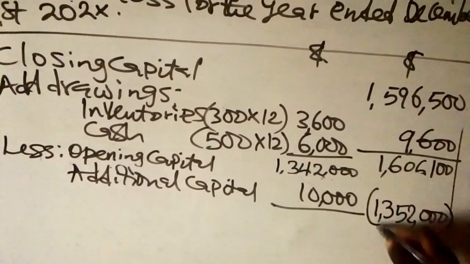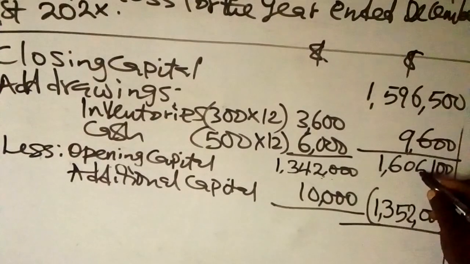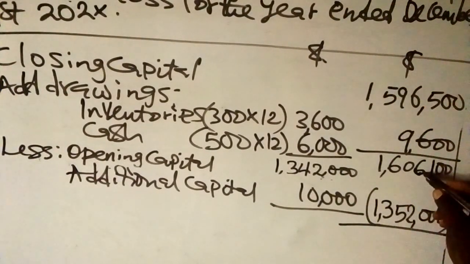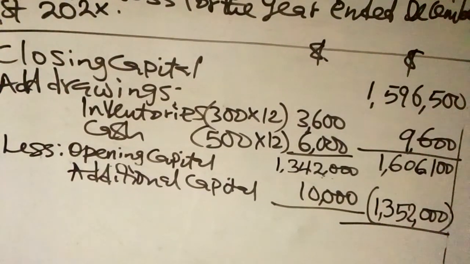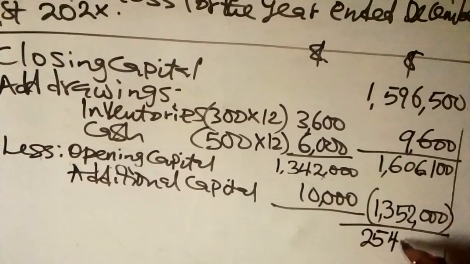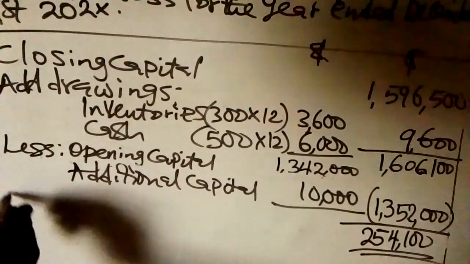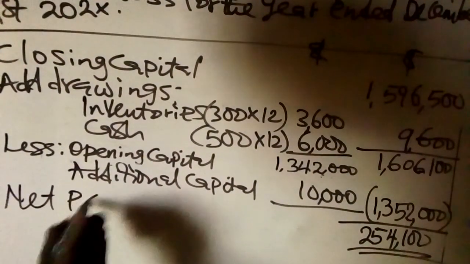You now subtract 1,352,000 from 1,606,100. If you subtract that, then you have 254,100. That is the net profit for the period.